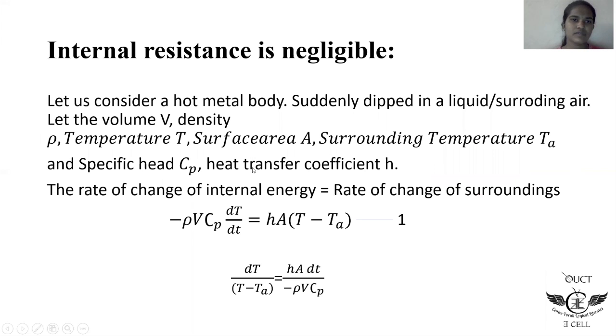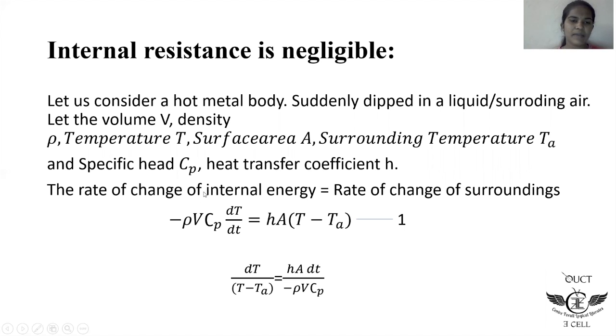In this video I'm explaining the case where internal resistance is negligible. Let us consider a hot metal body suddenly dipped in a liquid or surrounding air. Let the volume of that body be V, density rho, temperature T, surface area A, surrounding temperature TA, specific heat Cp, and heat transfer coefficient h.